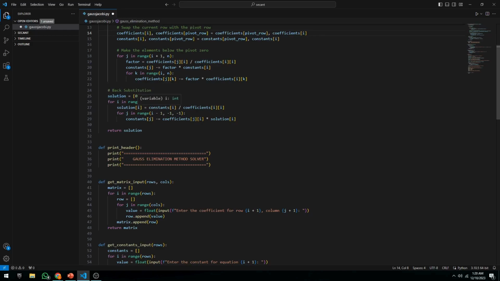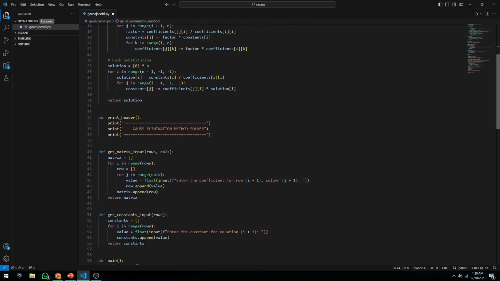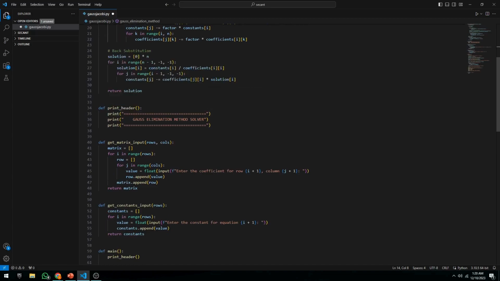The solution[i] equals constants[i] divided by coefficients[i][i], and then we apply a for loop, for j in range i minus 1, minus 1, and minus 1, and then constants[j] will be minus equals coefficients[j][i] multiplied by solution[i], and then we'll make the solution return. So for that we will write return solution.